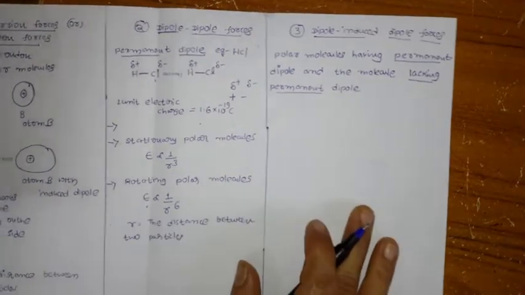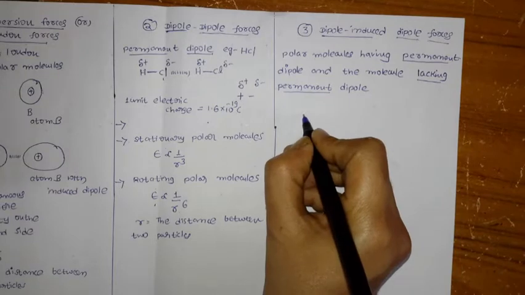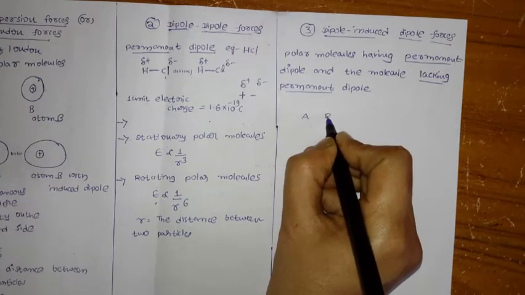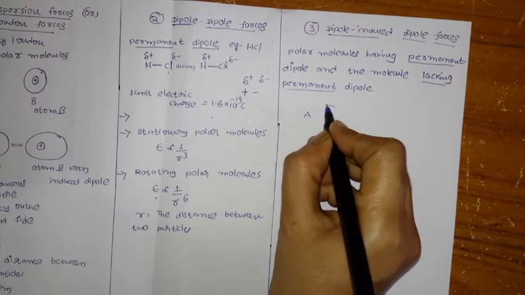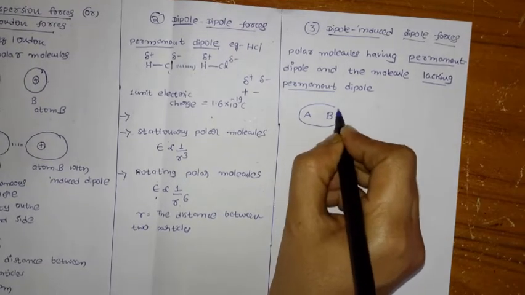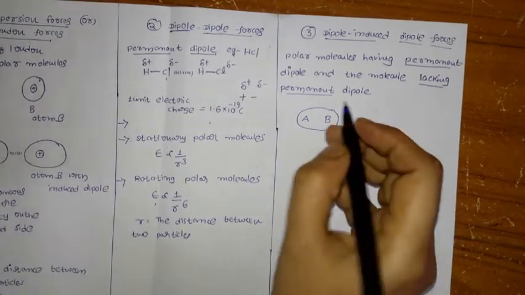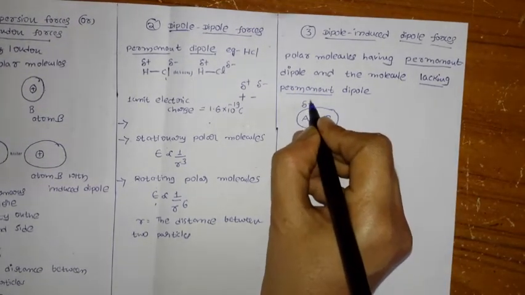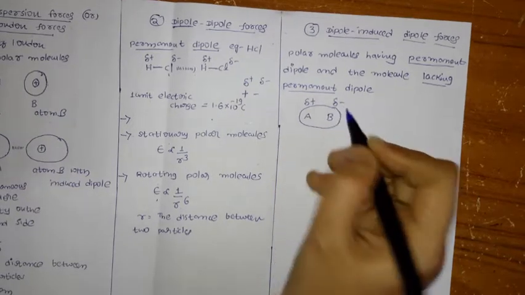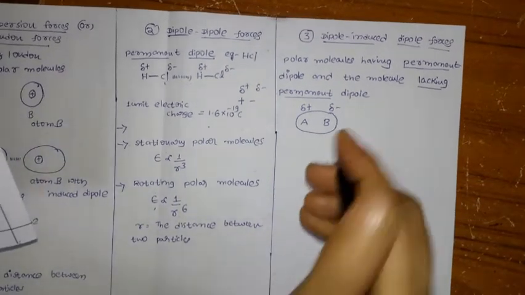For example, if we take the molecule AB, a molecule having two atoms, A and B. In this we have a permanent dipole, one partial positive and one partial negative.